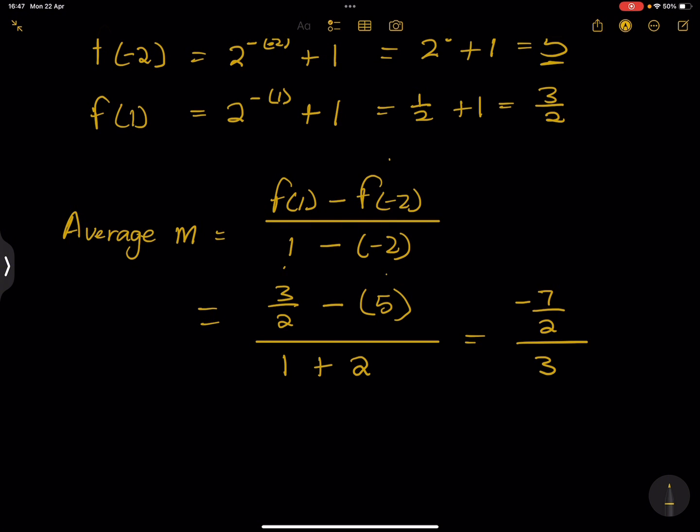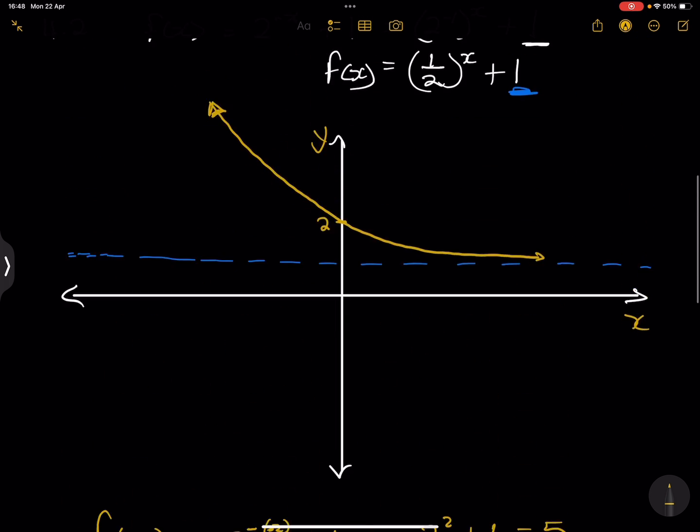Remember the law of fractions: negative 7 over 2 divided by 3 is multiplied by 1 over 3. So that gives us minus 7 over 6, and that would be the average gradient between those 2 points.